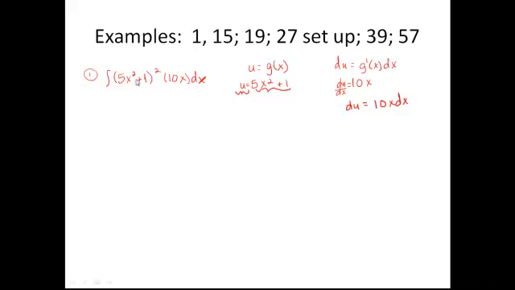This 5x squared plus 1 is going to be replaced by u. Since they are equal, we are going to substitute u in. So it's going to be u squared. And then the other thing that I have here is a 10x dx. I'm going to replace that with what it is equal to, that relationship that we found, and it is equal to du.